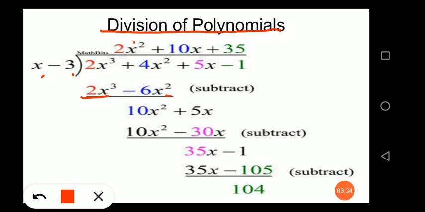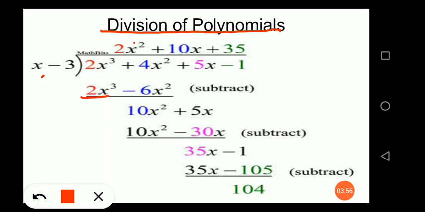Now we have to subtract. In case of subtraction, this is positive, so it becomes negative, and this is negative, so it becomes positive. Then 2x cube cancels. 4 plus 6x square, 10x square. Till now understood? Now the same process we will repeat.